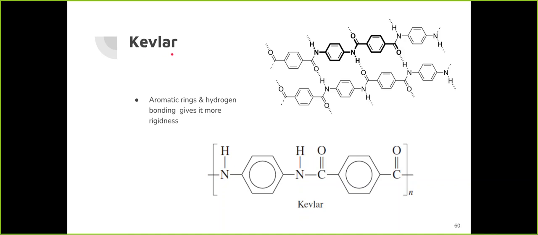Anybody know? Bulletproof vest. Yeah, this is made up of aromatic rings, and the hydrogen bonding gives it more rigidness. So here we have this amino group on this end and a carboxylic acid group on this end, repeating over and over again with these phenyl groups in the middle.